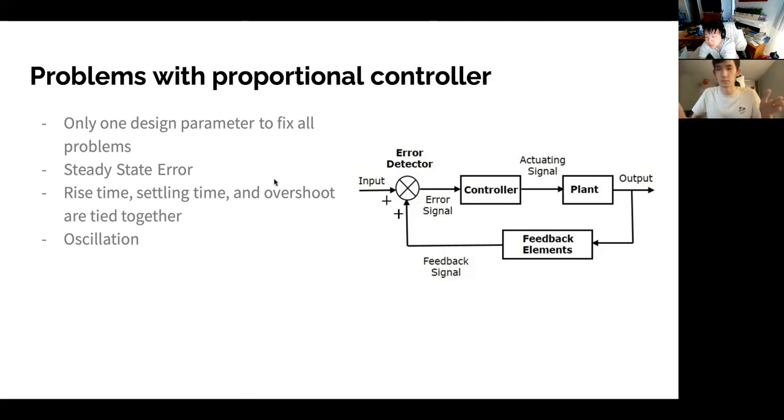For example, if wind blew on it and it started tilting, you want to tell it to go back to zero. The time it takes to respond to that, how long it takes to stabilize, how much it might overshoot its target. These are all qualities that we want to control, but they're going to be tied together because you only have one design parameter. And we'll see that there's often a compromise that will have to be made because of that.